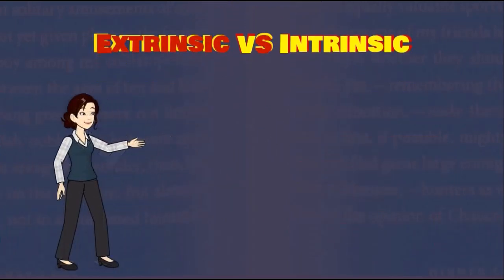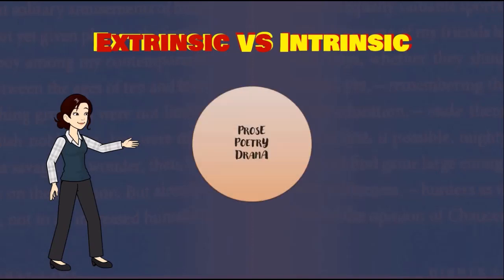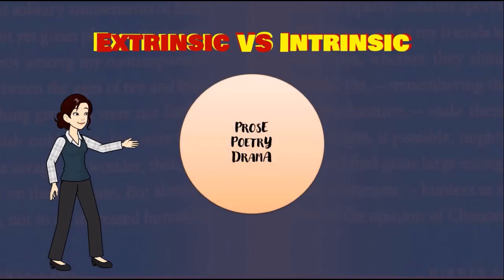To make it easier for us to see further, we can see this circle. This is the circle of literary works, which consists of prose, poetry, and drama. We can see that inside this circle is what we call the intrinsic elements. So anything inside the circle are the intrinsic elements.